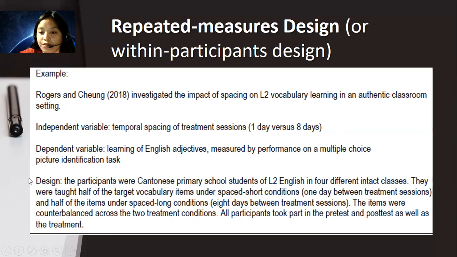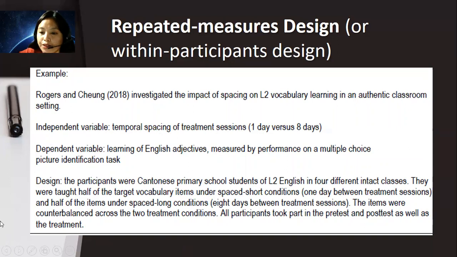This design derives its name from the fact that it involves repeated measurement of the same participants. Within-participant designs differ from between-participant designs, where the treatment conditions are assigned to different groups of participants. That is, different participants are tested at the various levels of the independent variable. So this is the example.